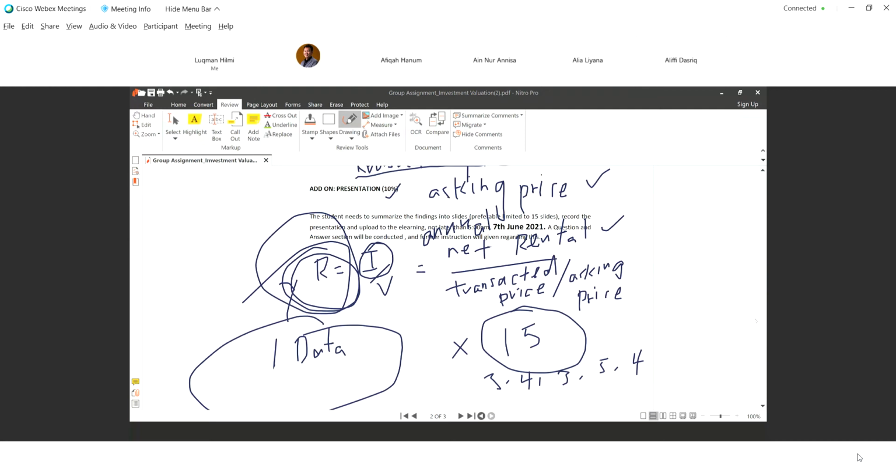Now, I already gave you a method on how to derive and come up with the R itself. So here, class. And I don't want you to go out to collect data, as it's not safe to go out now. So desktop research is allowed. Desktop research means you're sitting in front of your computer, you search on iProperty and PropertyGuru.